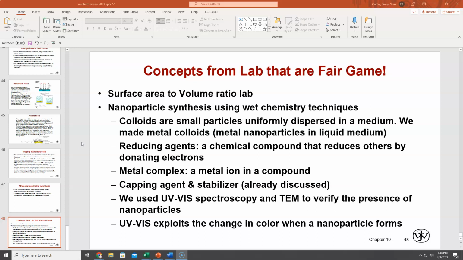The green tea was particularly successful for that. The green tea method for making the silver nanoparticles had that nice peak at about 500 nanometers in the UV vis spectra. And then most recently, we used the transmission electron microscope to look at the metal nanoparticles that we made in the silver and the gold labs. So those concepts from lab, I think, are pretty fair game there.